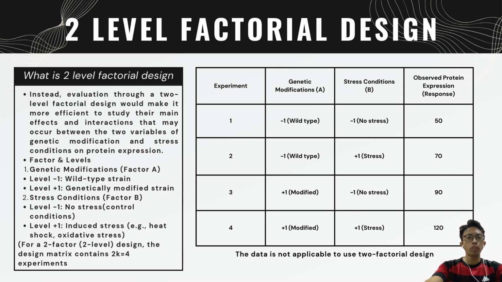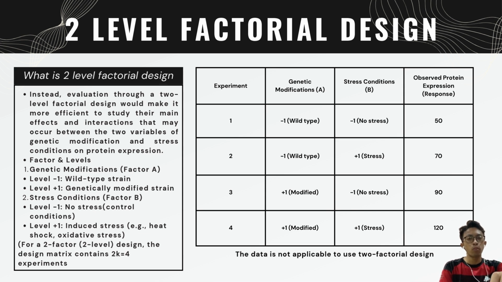The second step is we run the experiments for all possible combinations of these factors, with two factors at two levels. Next, for each of the combinations we measure the outcome, and in this case we want to look at the protein expression.